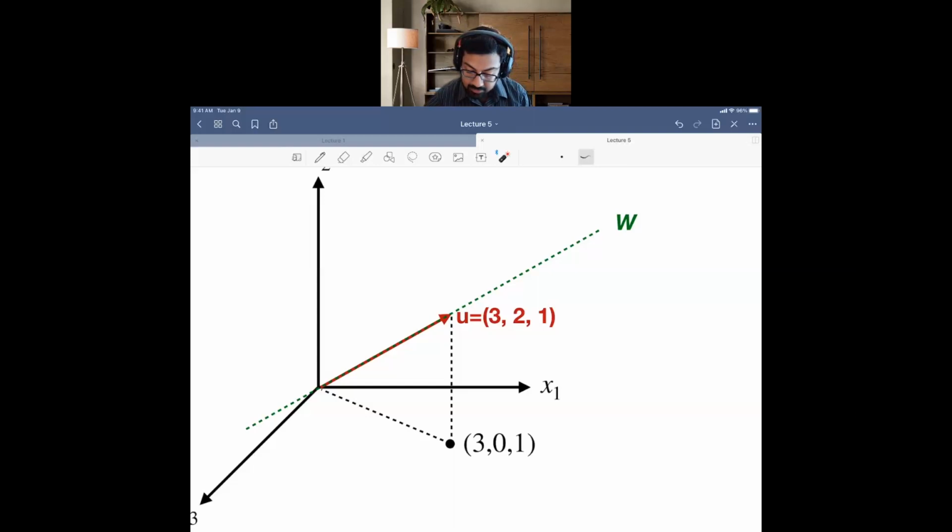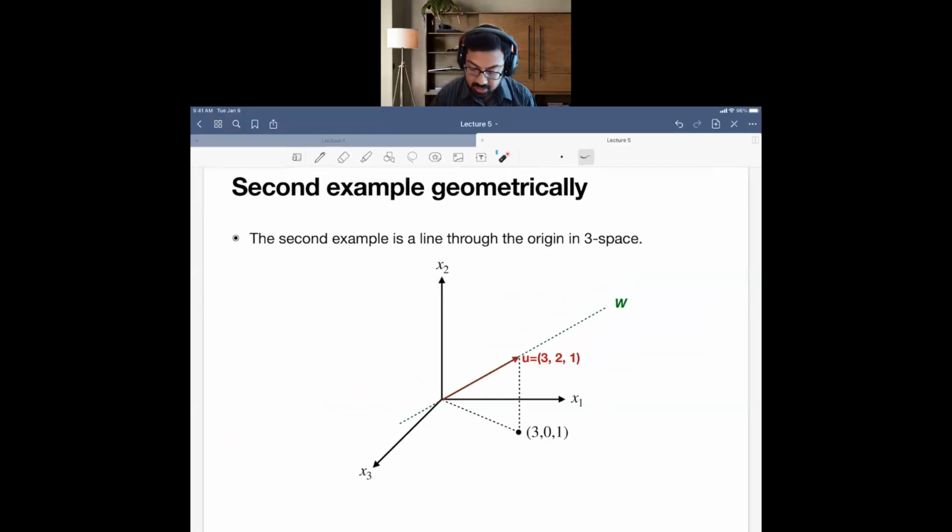Well, I can also scale this, right? I can go up 2 times u will be over here, negative 2 times u will be over here, but no matter what, it is going to be on that line, which I'm highlighting in green as my subspace W. So the W is going to be a line through the origin in 3-dimensional space.